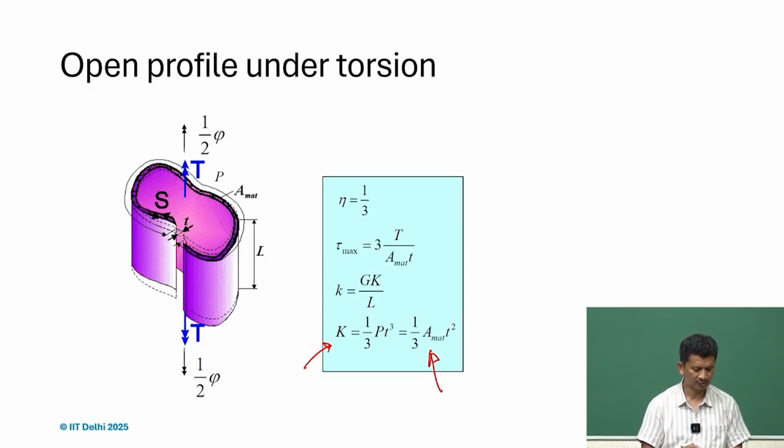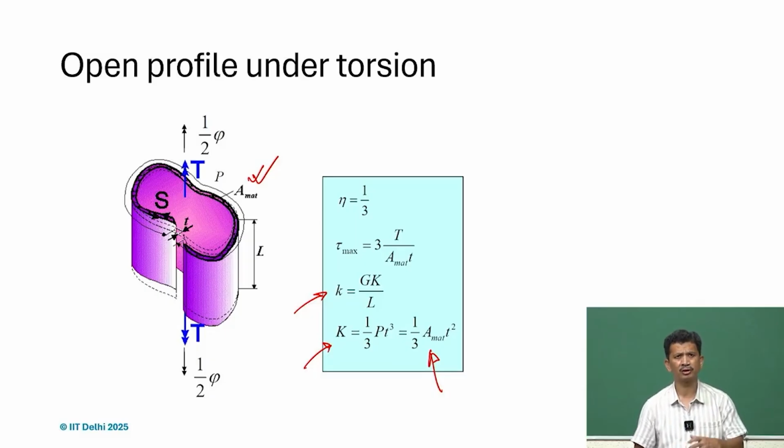A mat is the area of the actual material, T square, and this is the rotational stiffness, GK by L. So what we realize again is that if it's a tube but with an open profile, it's not torsionally stiff, and under torsion we'll find that it's very compliant.